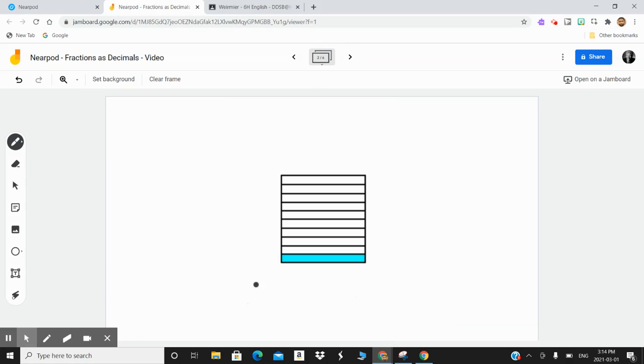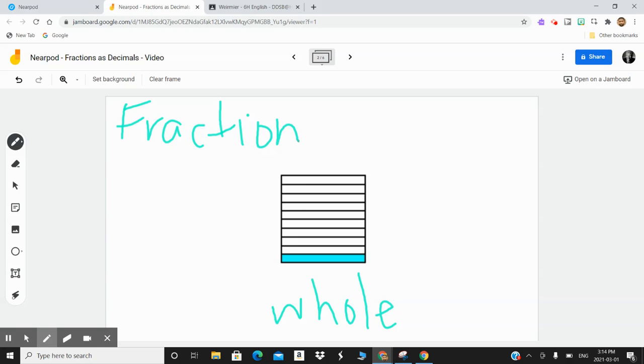So this image here represents our whole, and that's really important to remember. So we're going to say this is my whole cracker, my whole granola bar, my whole $100. And we can represent this as a fraction of the shaded part. So if I look here, these are tenths because I can count 1, 2, 3, 4, 5, 6, 7, 8, 9, 10.